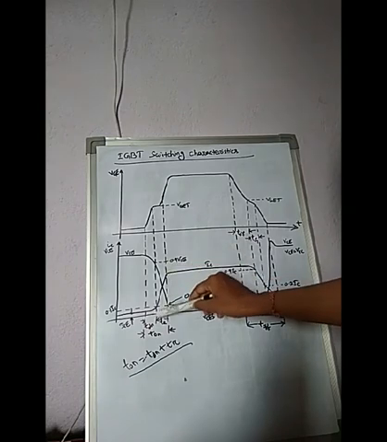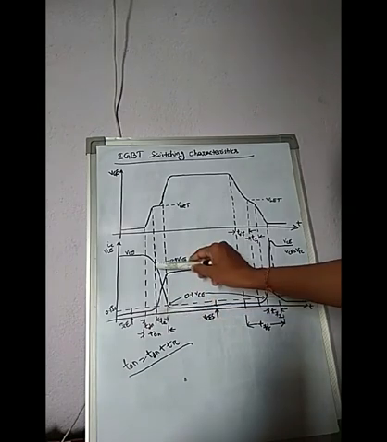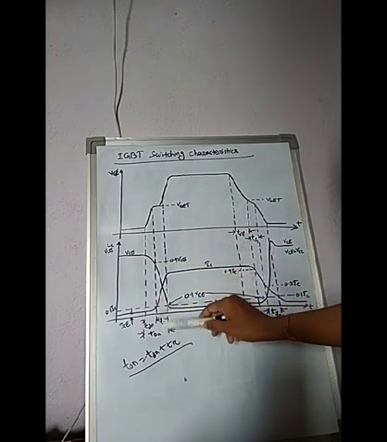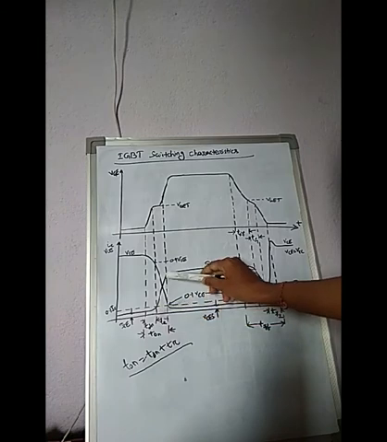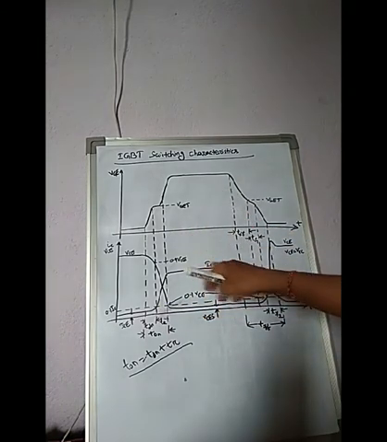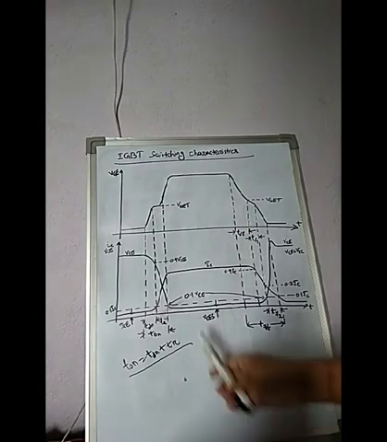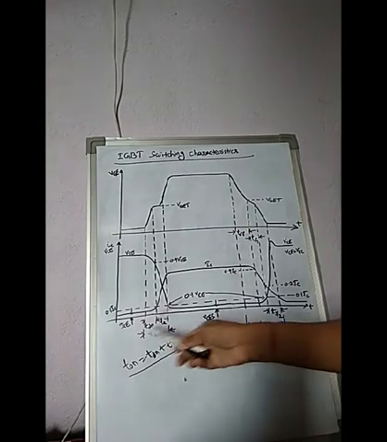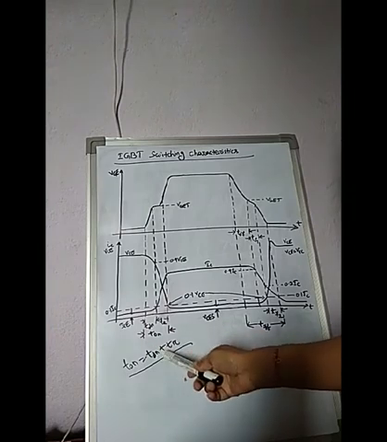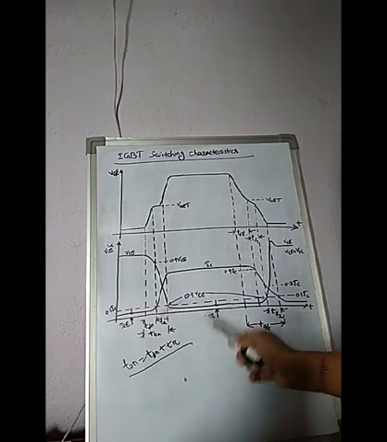Okay, see, during this rise time, VCE falls from 0.9 to 0.1 value and IC rises from 0.1 to the maximum or final value of IC. Okay, so the overall T on is the combination of TDN plus TR.